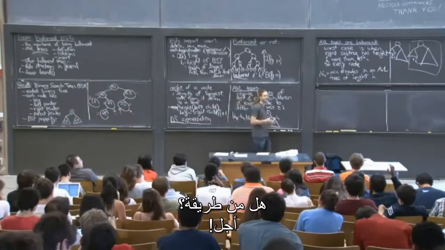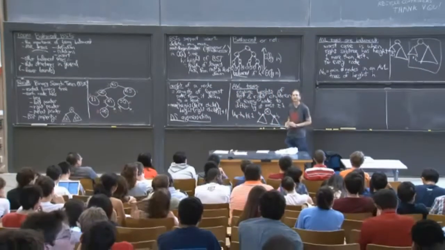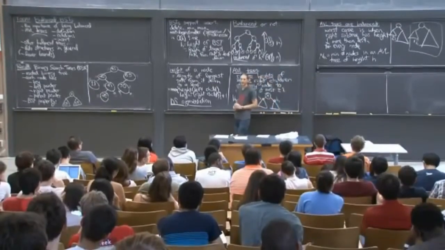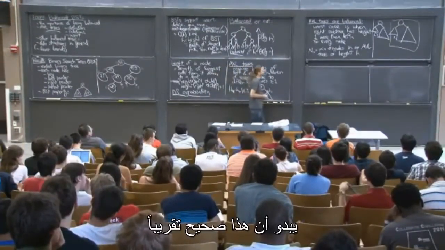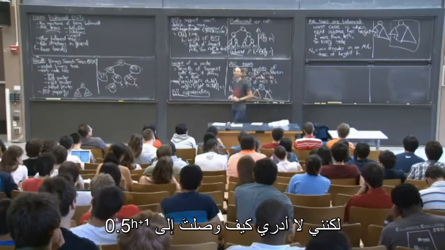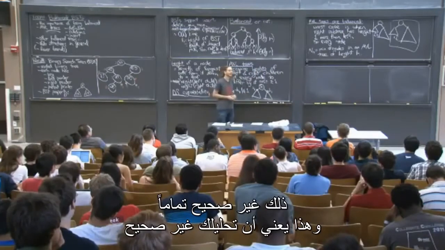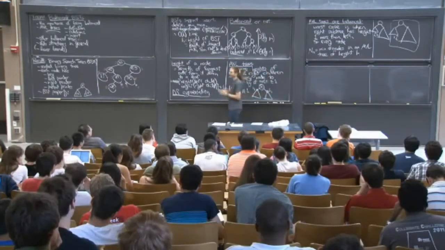Yeah? So you have exactly one node in the last level, right? That turns out to be approximately correct, but I don't know where you got half to the h minus 1 plus 1. It's not exactly correct, I'll tell you that. So that means your analysis isn't right.